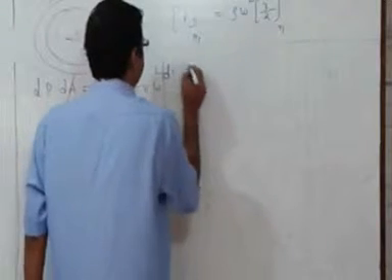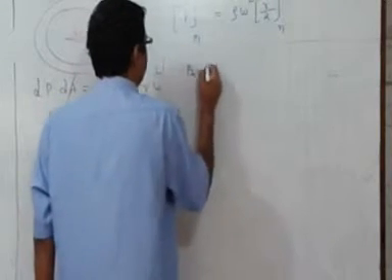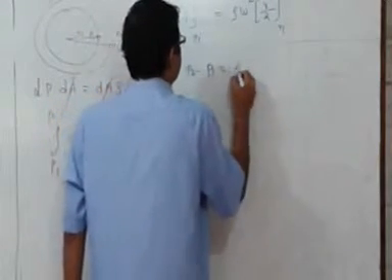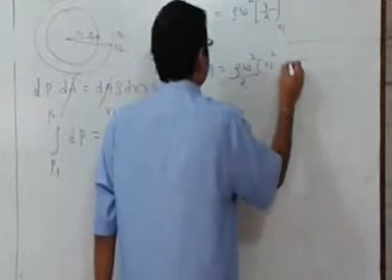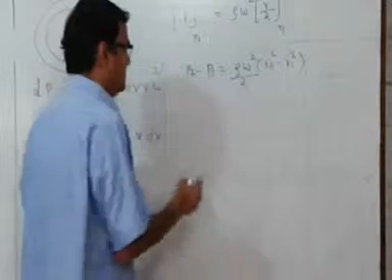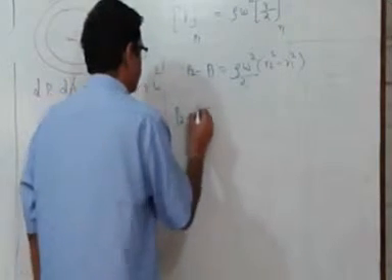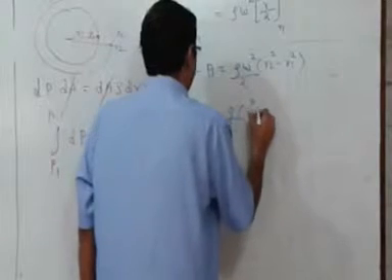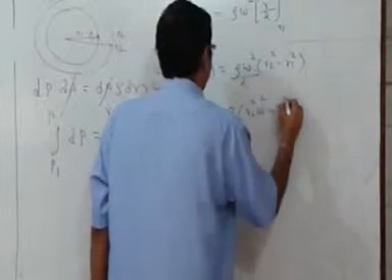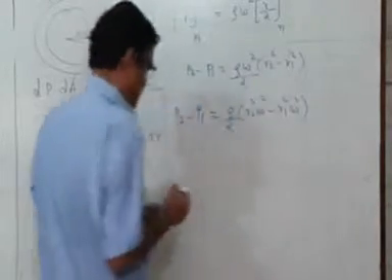So if we apply the limits, it is P2 minus P1 is rho omega square by 2 into R2 square minus R1 square. So that is P2 minus P1 is rho by 2 into R2 square omega square minus R1 square omega square.